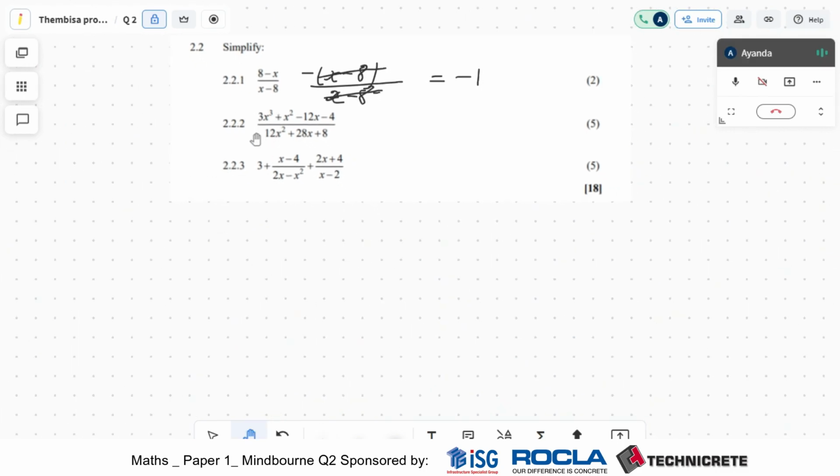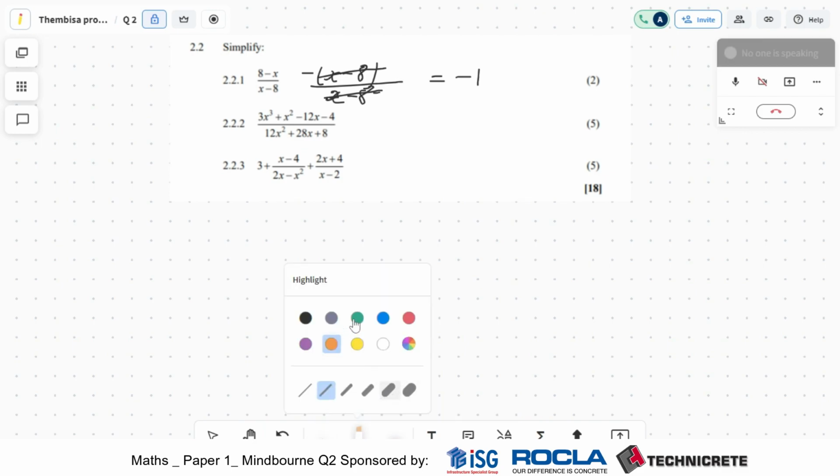So we can start off by taking a common factor of x squared out over here, as well as a common factor of 4, and break this up into 2. So if we break up this expression and look at this as one part, and look at this part as another part on its own.